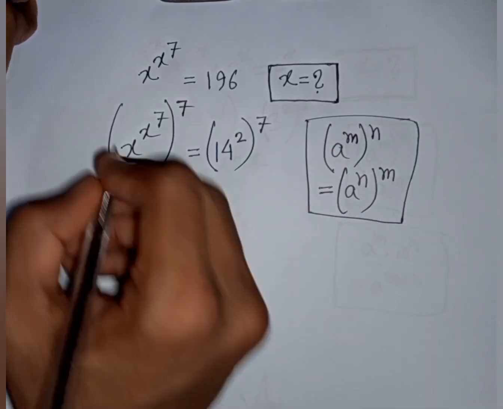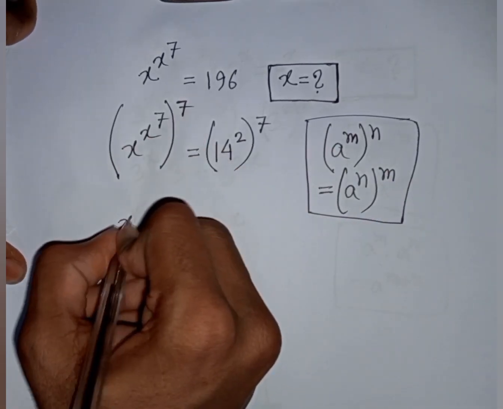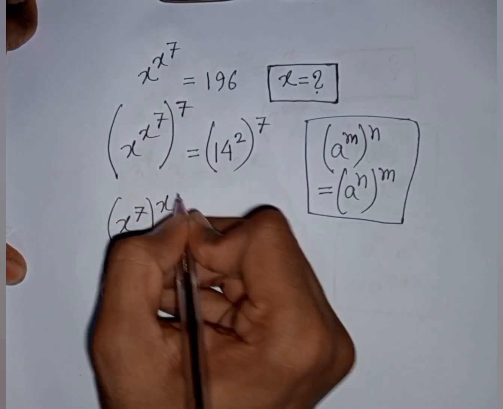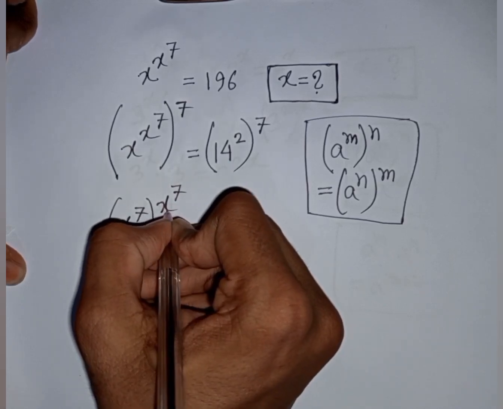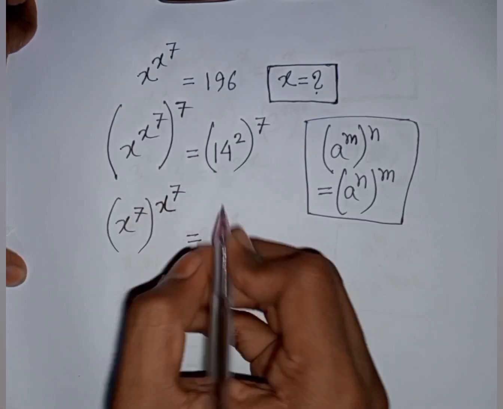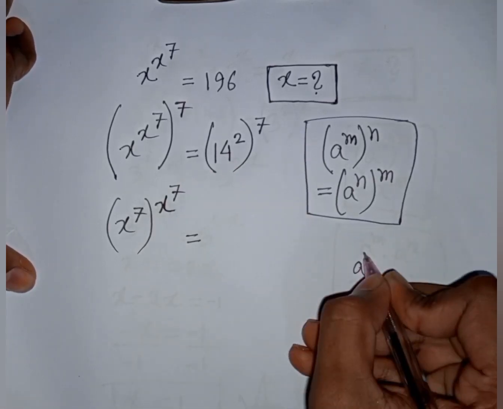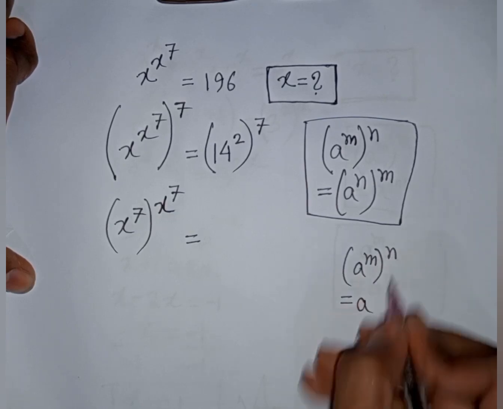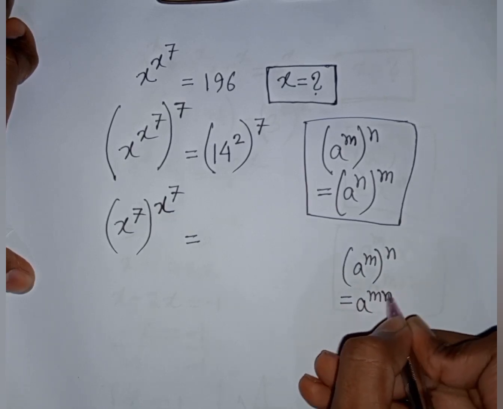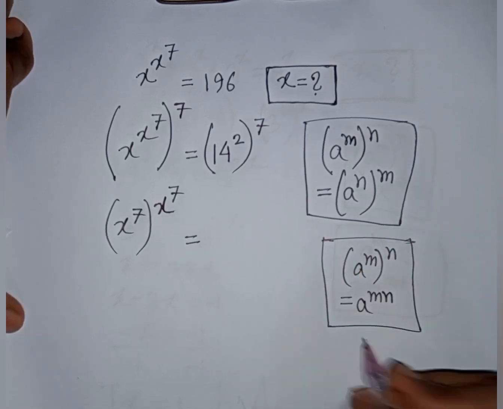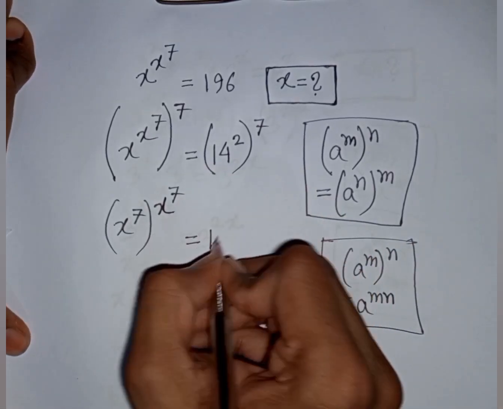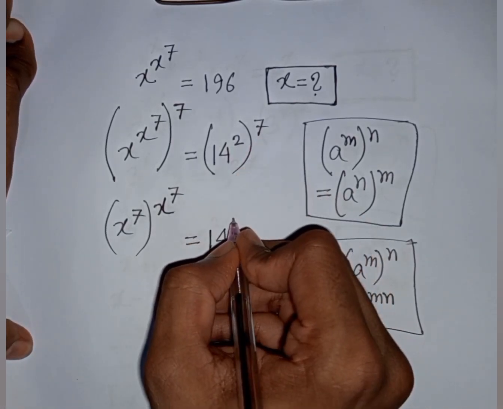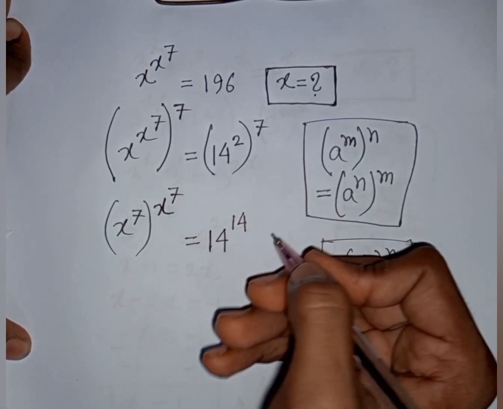So according to this rule, we can write here (x^7) to the power of x^7 is equal to, and here we can apply the formula (a^m)^n is equal to a^(mn), so we can write 14 to the power of 2 times 7, that means 14^14.